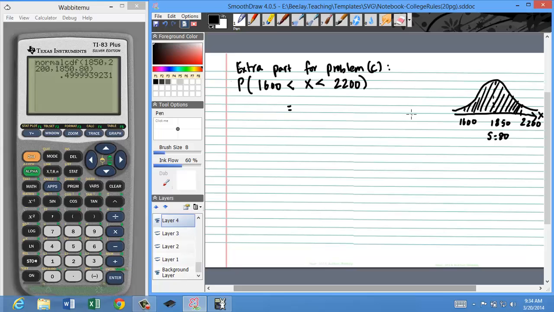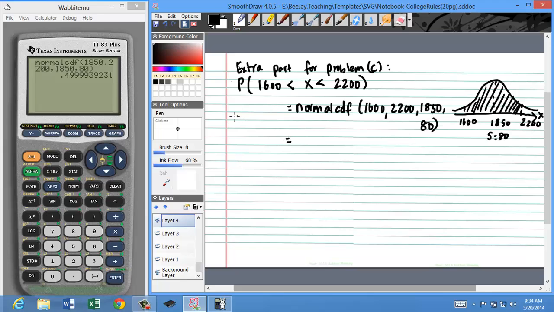That is our x variable. So to find that area, I could just use normal CDF: the starting point of the area is 1600, the ending point of the area is 2200, followed by the mean 1850 and the standard deviation 80.